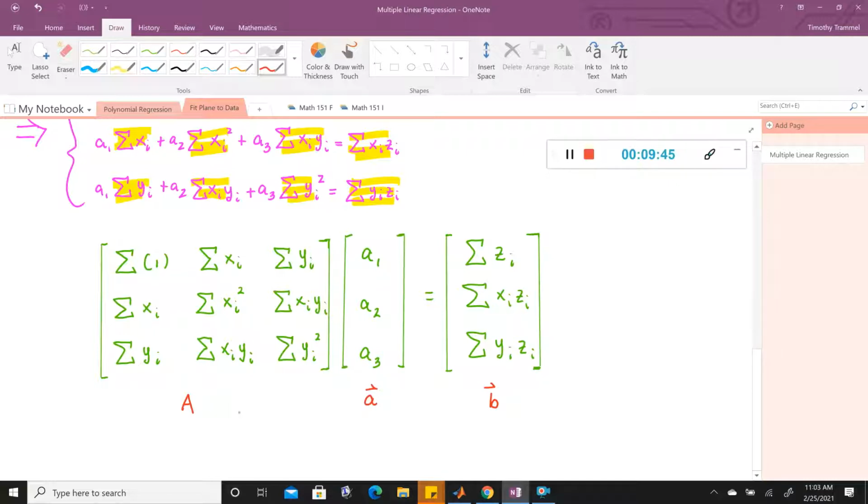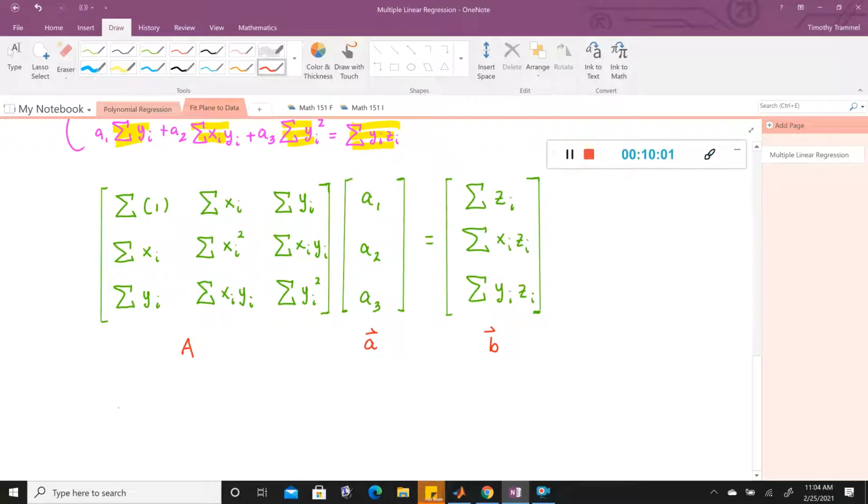So we're going to have to generate this matrix A using a for loop. That way we can calculate those sums. And the same goes for the vector B, and we want to solve for the vector a. So what we'll end up putting in MATLAB after we generate those matrices is we'll want to do A backslash B, or sorry, big A backslash B, in order to find those coefficients. Okay. So let's go into MATLAB and do that.